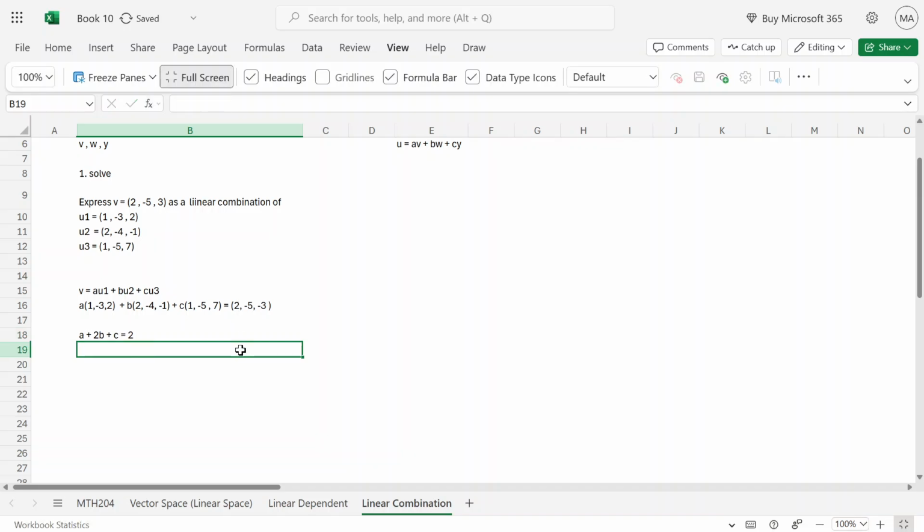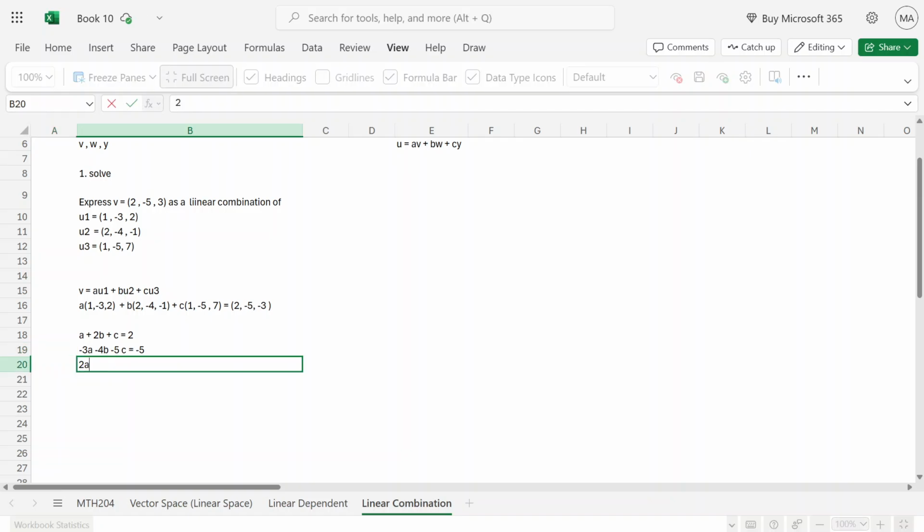That's the first equation. Let's do the same thing for the second equation: minus 3a minus 4b minus 5c equals minus 5. So that's the second equation.